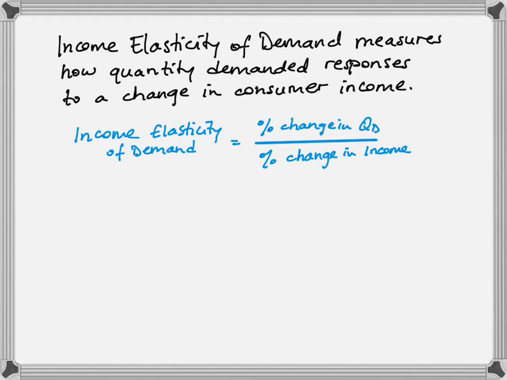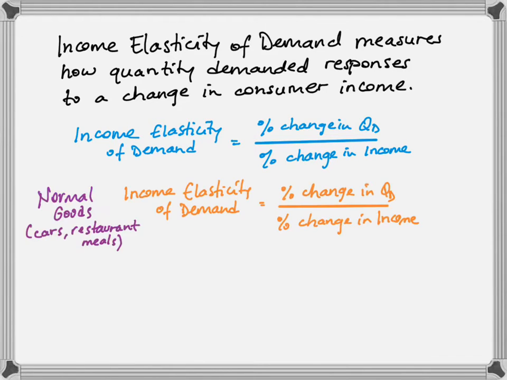The sign of the income elasticity of demand depends on the type of the good in question. Remember, we have two types of goods. We have normal goods and inferior goods. As consumers' income increases, they will buy more normal goods, such as cars and restaurant meals.